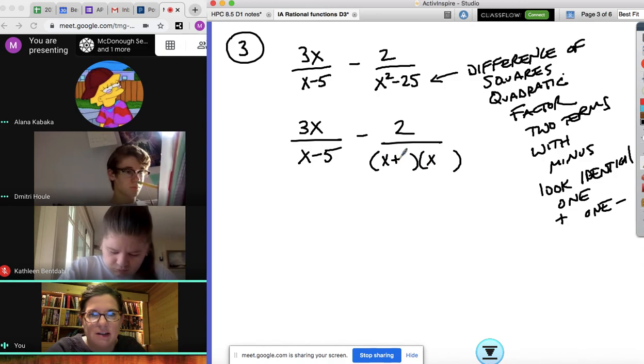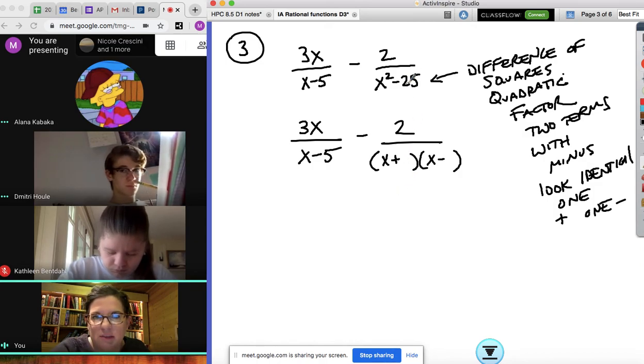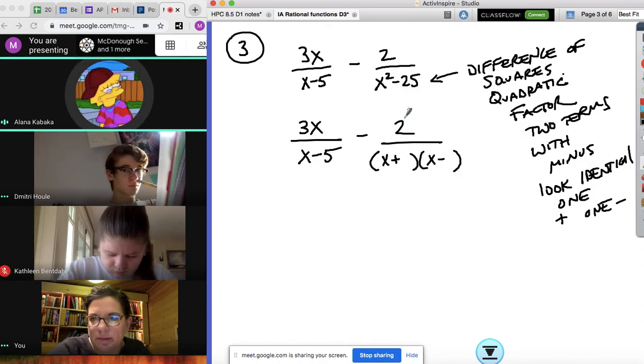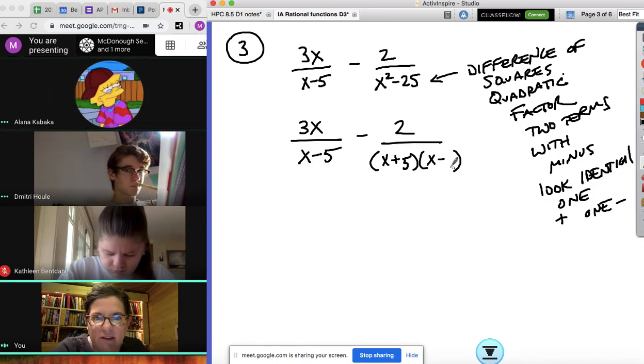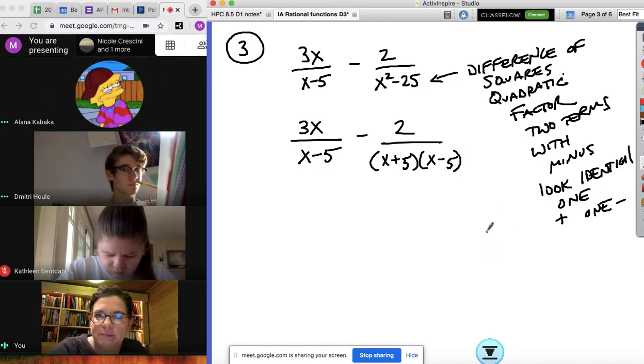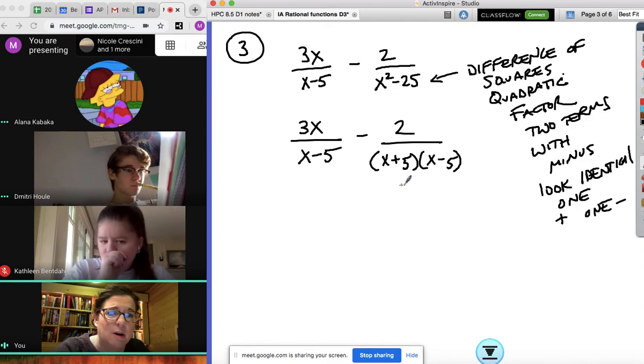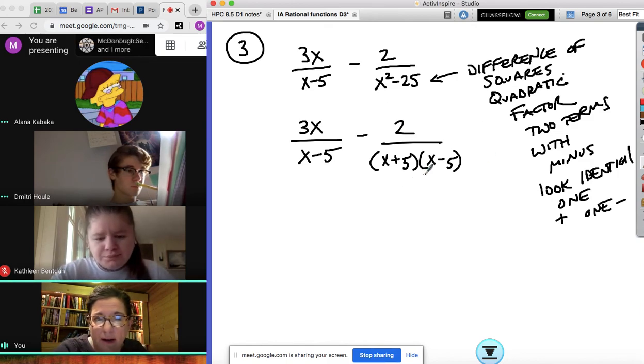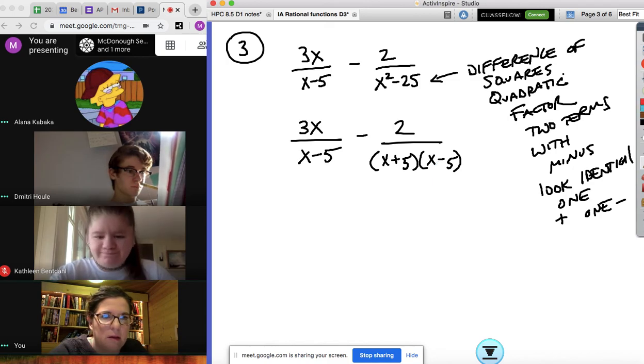They're going to look identical, except one will be an x plus and one will be an x minus. And then what two identical things make a 25? Yeah, so this will be an x plus 5 and this will be an x minus 5. You've done that factoring before, but it's been a while, so it's possible you might have forgotten a little bit.